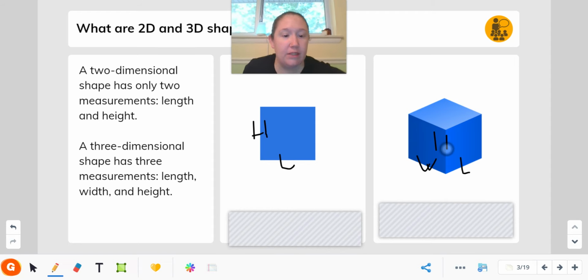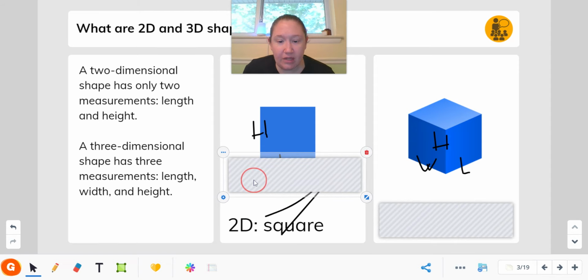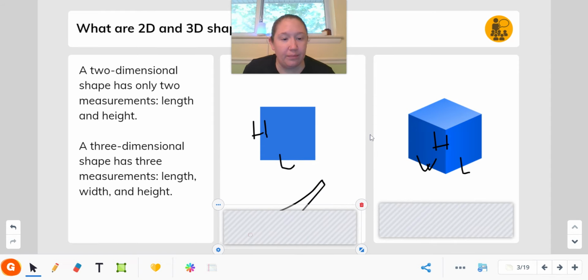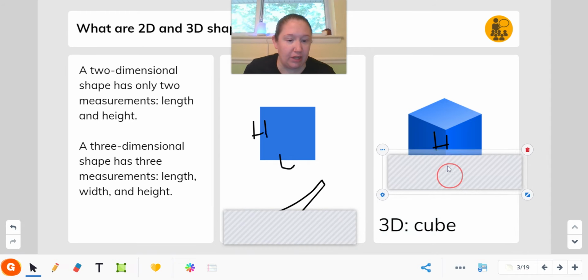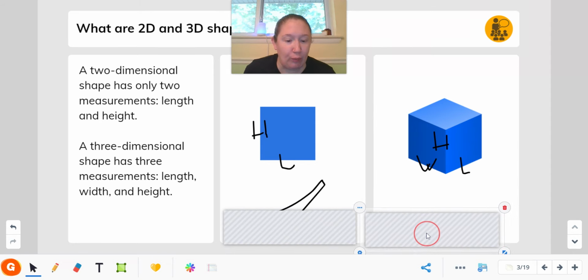Okay, and this is a 2D shape. This is a square. This is not a 2D shape over here. This is a 3D shape because it has the three measurements. This is a cube.